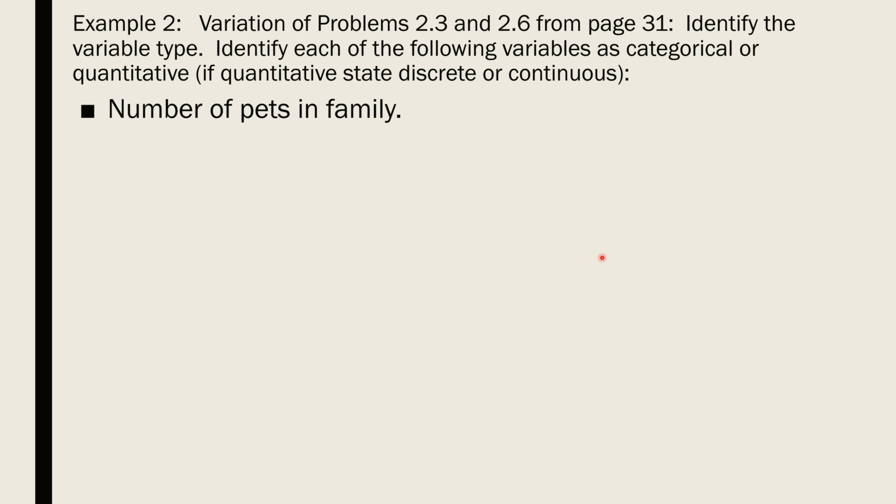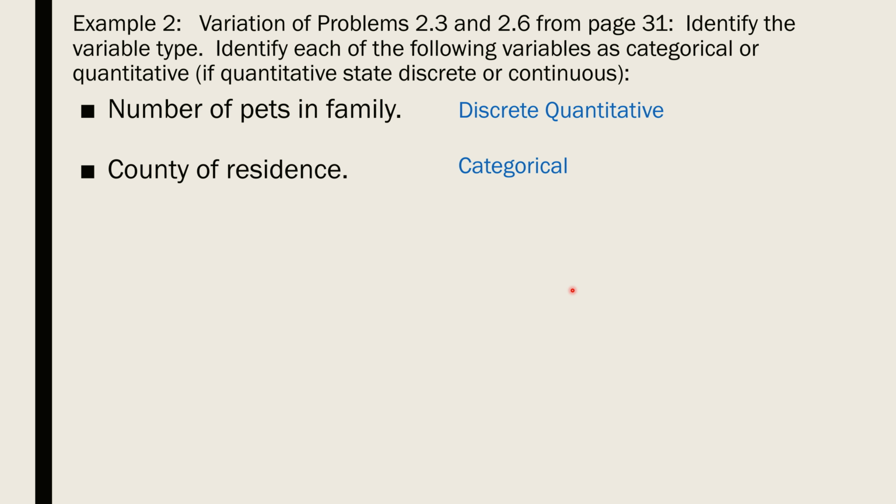You can pause this video and try by yourself. The number of pets in family is a discrete quantitative variable. Country of residency. It is a categorical variable.